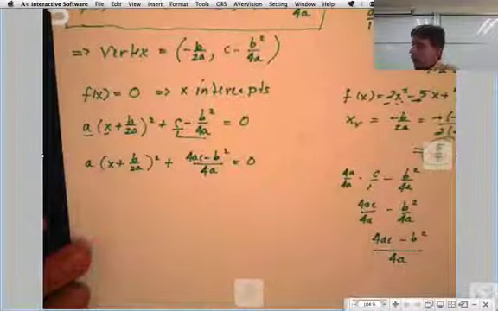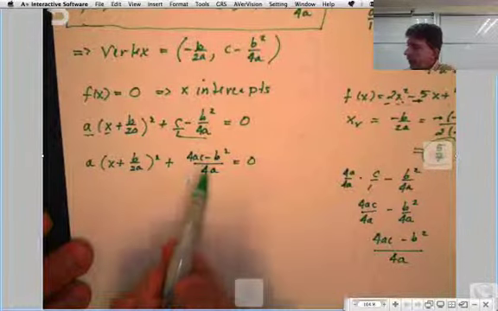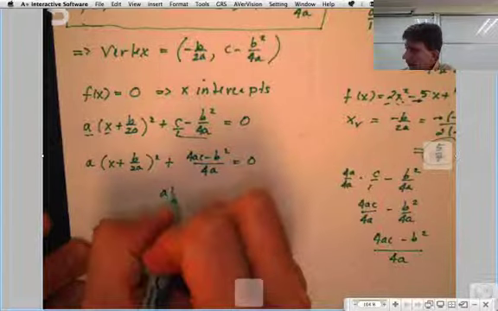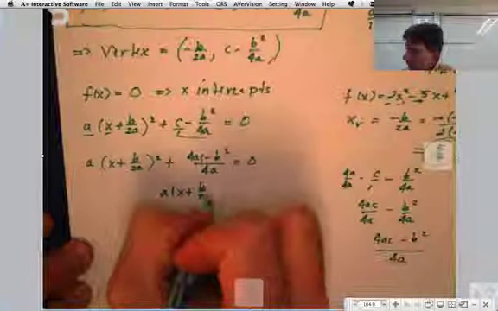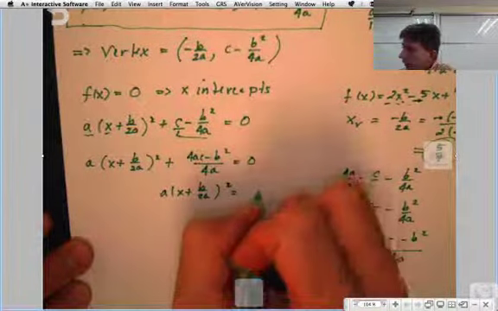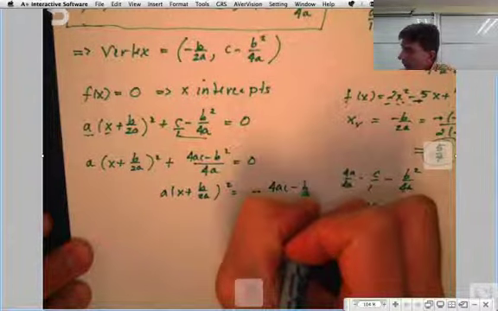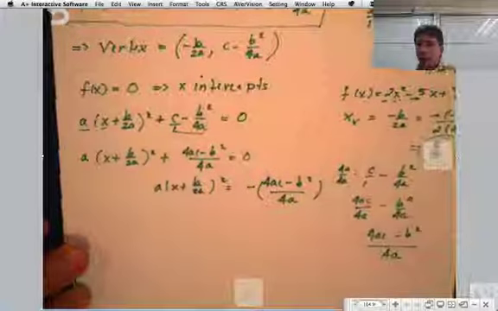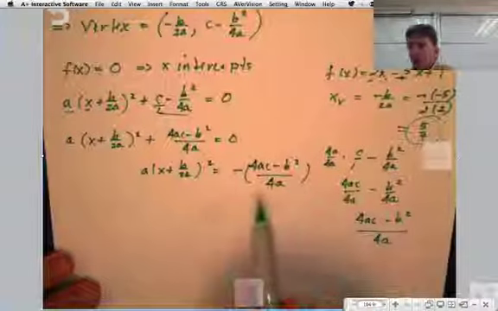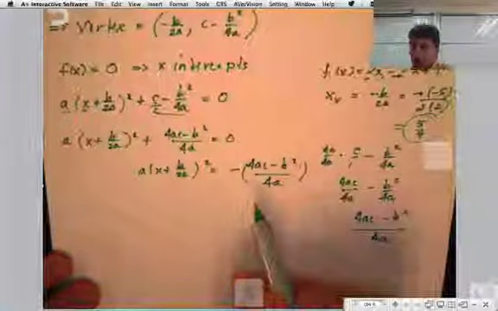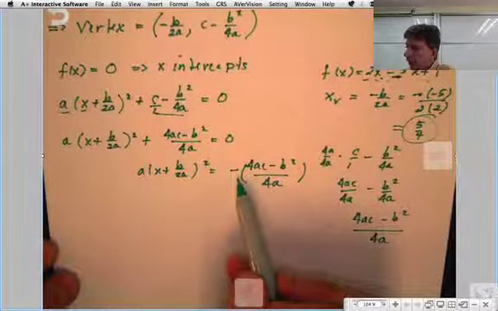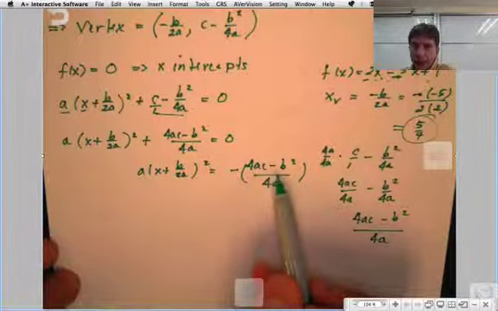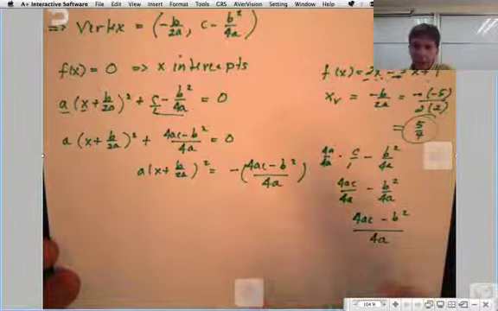Okay. So now, subtracting this fraction from both sides, again, trying to isolate the x here, gives me minus (4ac minus b squared) over 4a. So I need to subtract that entire fraction. Subtracting a fraction, you may recall, is equivalent to either negating the numerator or the denominator. In other words, multiplying the entire numerator by a -1 or the entire denominator by a -1.